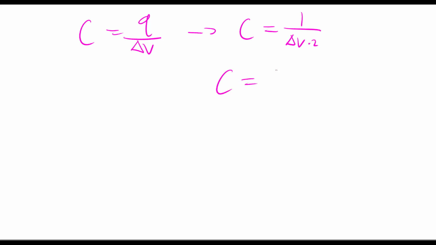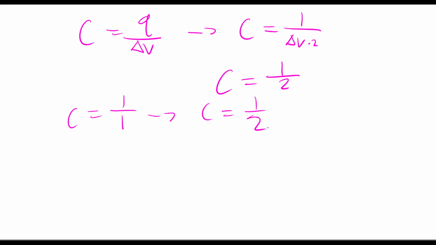And really, it just gives you this, 1/2, because that V is multiplied by 2. So instead of having C equal to 1 over 1, you now have C equal to 1 over 2. And so it means that our capacitance is going to be halved. And it makes sense. The more you increase your delta V, the smaller your capacitance is. So it's not A, because A increases capacitance.